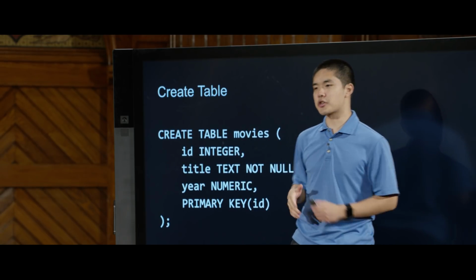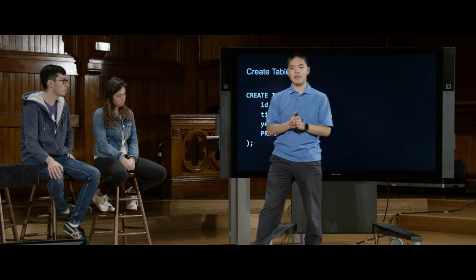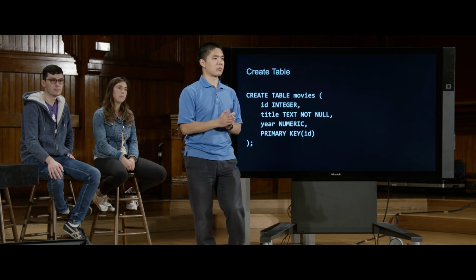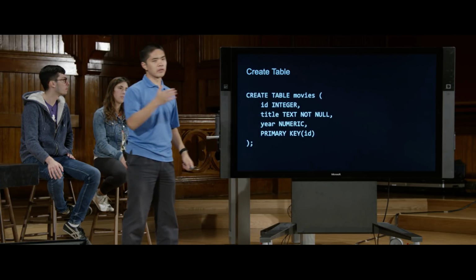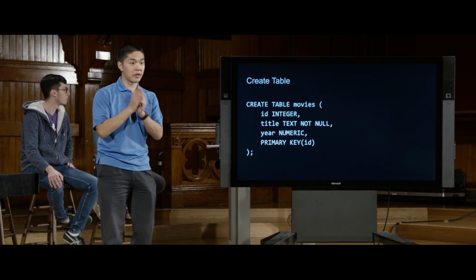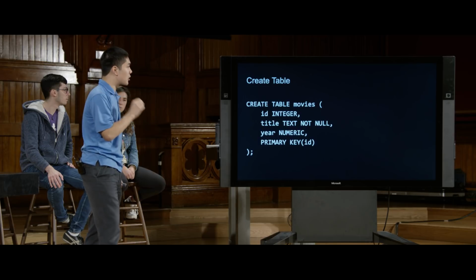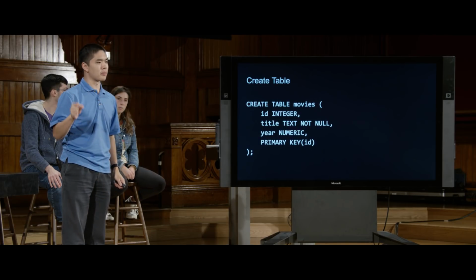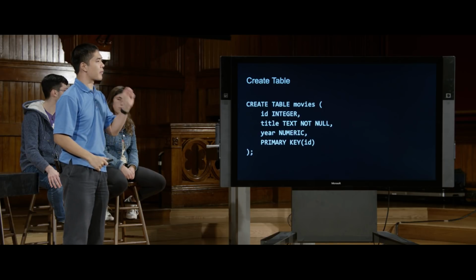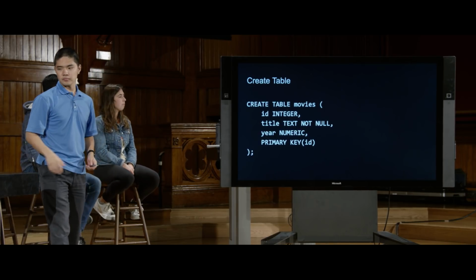And the primary key just means this is the main way that I'm going to reference a movie, and it is going to be a unique way to reference a movie. Yeah, maybe two movies were released in the same year, maybe two movies have the same title, but no two movies will have the same ID. The ID is a unique way of identifying one particular movie, and so we're calling it the primary key, the main way via which I can uniquely reference a single movie.